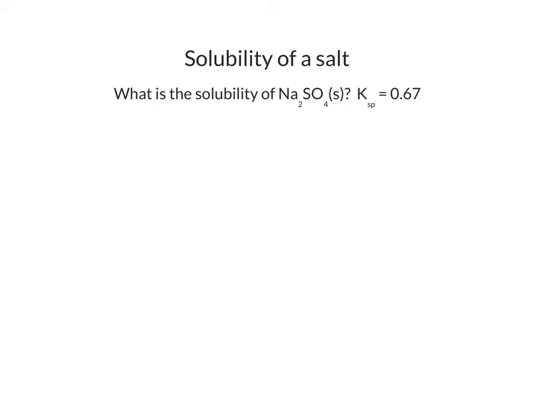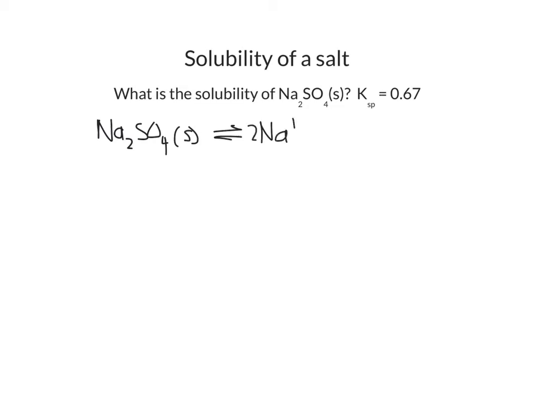Let's apply our understanding of equilibrium concepts to solve a problem. In this problem, we are trying to determine the solubility of sodium sulfate, and we know the KSP value for sodium sulfate. Remember that KSP tells us that the reaction we're interested in is the dissolution, or the breaking up of the solid into its ions in solution.